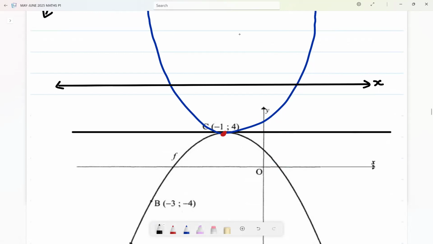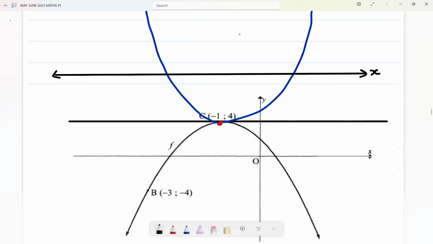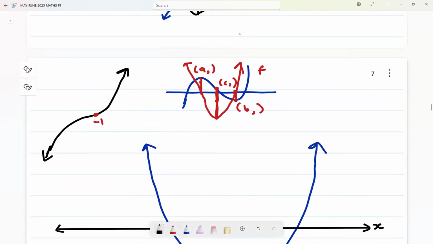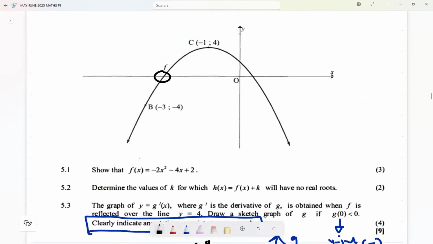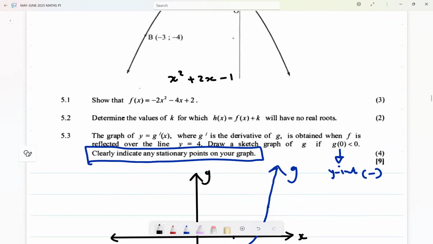So if I were to do that, let's see what are the x-intercepts for this one. I'll do that quickly. It's going to be x squared plus 2x minus 1. Guys, there's no way. x squared plus 2x minus 1.